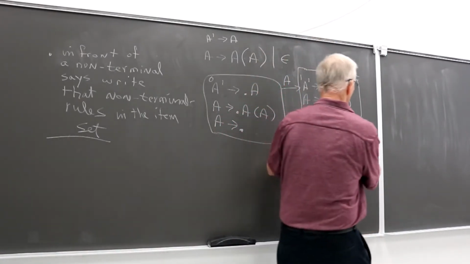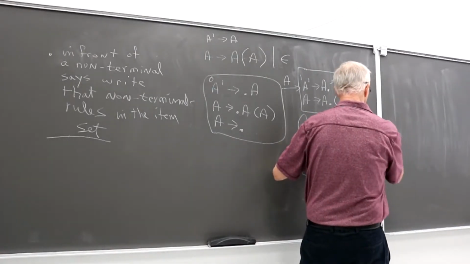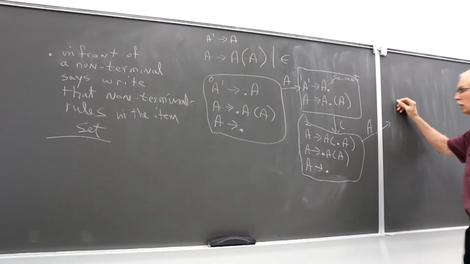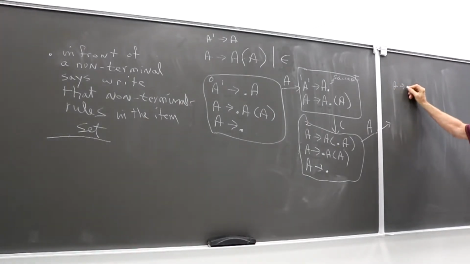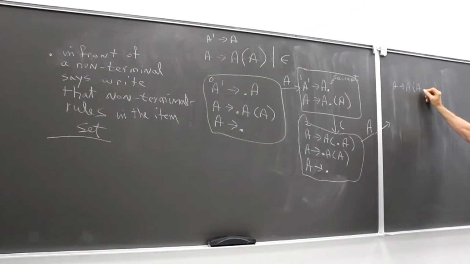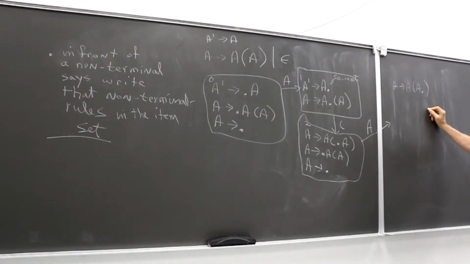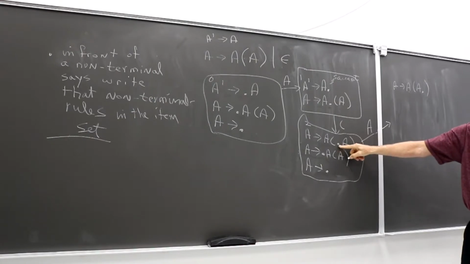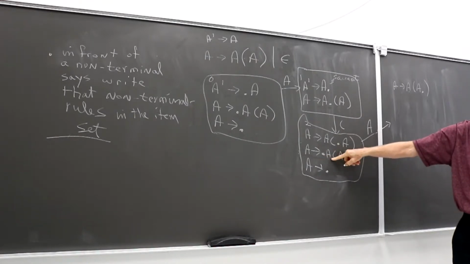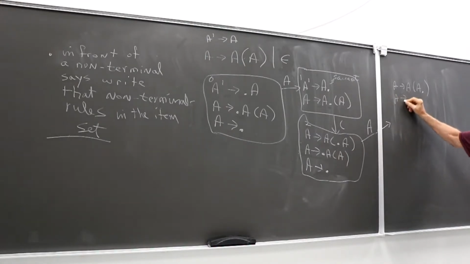Okay, then we move here on A. And so we get A goes to A paren A dot paren. And if we move across this A, we don't really know if it's this A or that A, so both A's move. And so we get A goes to A dot paren A paren. From here to here.